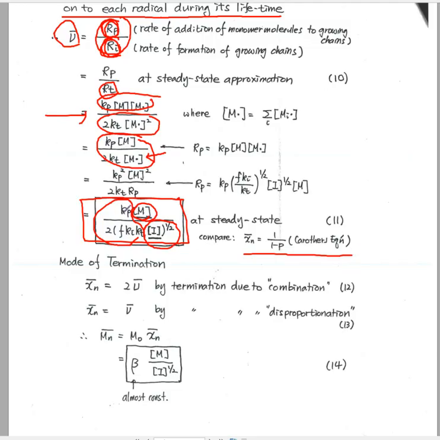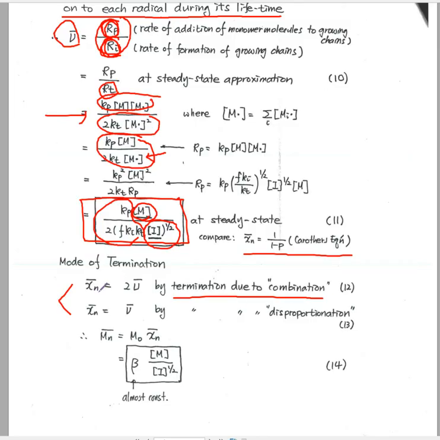So if you want to determine the degree of polymerization from the kinetic chain length, it could depend on the termination mechanism, right? If you form polymer chains by termination mainly by combination, you form much longer chains, right? Because we combine two free radical chains.